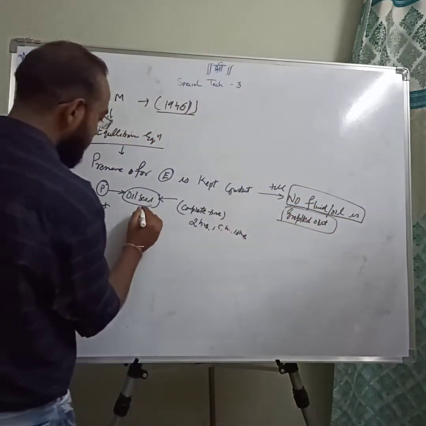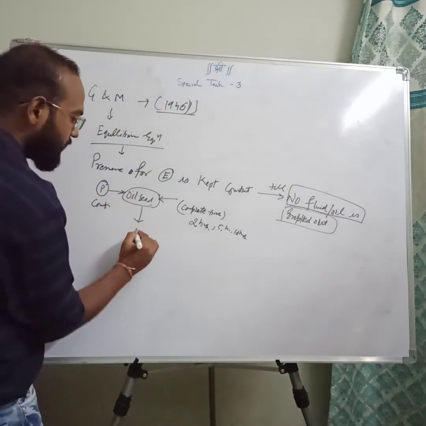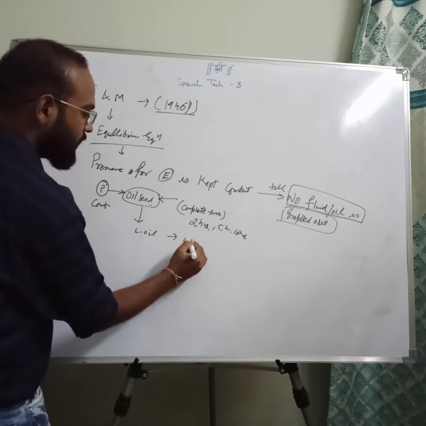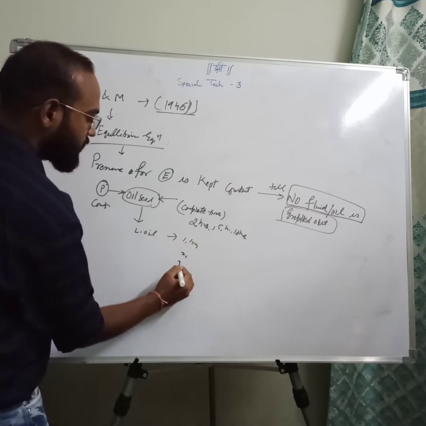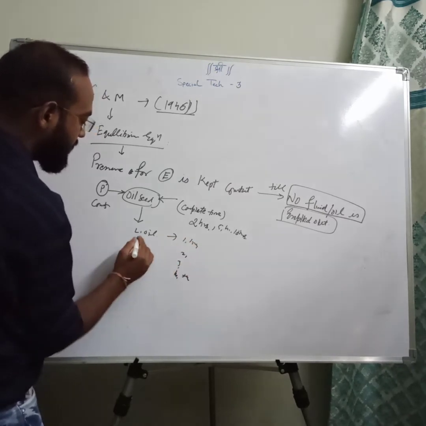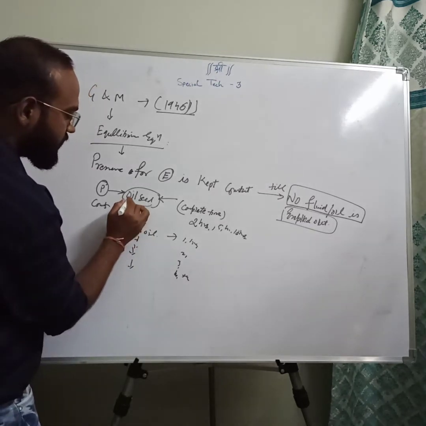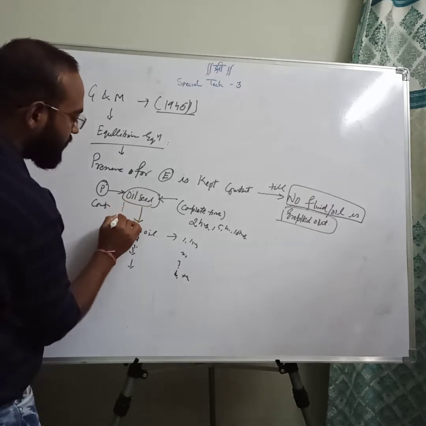Initially, once the pressure is applied, we get liquid oil up to 1 hour, 1.5 hour, 2 hour, 3 hour, 4 hour as time goes on. But at the same time, the oil quantity present in the seeds decreases with respect to time.